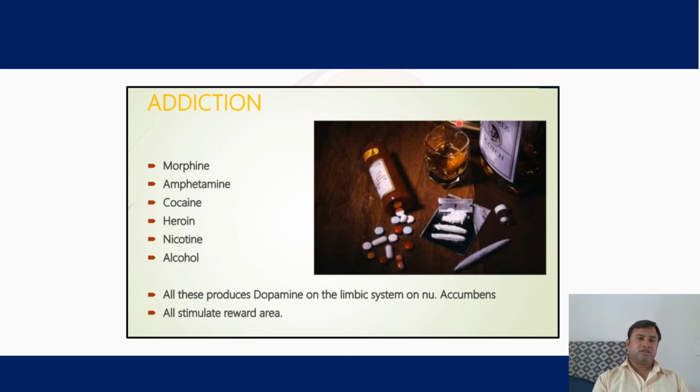Some chemicals are responsible for addiction, like morphine, amphetamine, cocaine, heroin, nicotine, and alcohol. All these products produce dopamine in the limbic system. Dopamine is a neurotransmitter which is responsible for the pleasure of the moment. So it is also secreted by the rewarding area, or called the rewarding hormone.